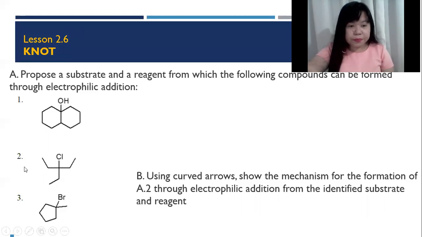Number two, we have this structure with the Cl attached to this carbon. So we can have the double bond either here, here, or here. Notice that they're symmetrical as well. Therefore, you can just have one starting reactant.